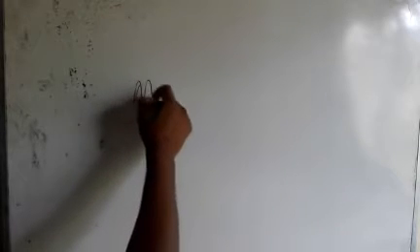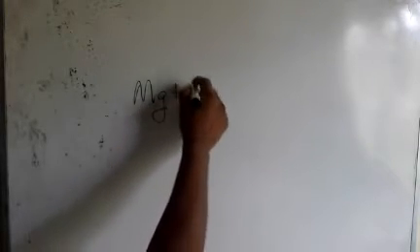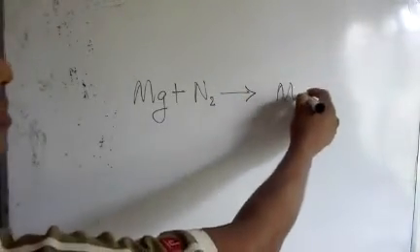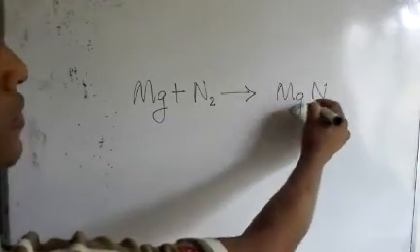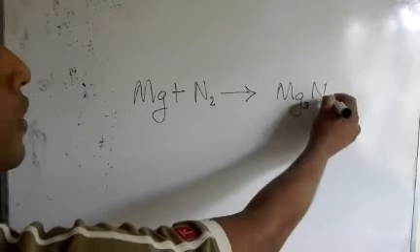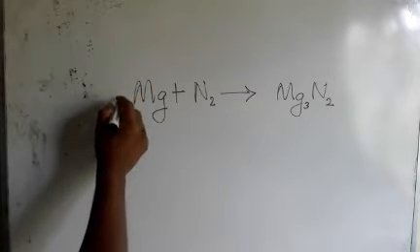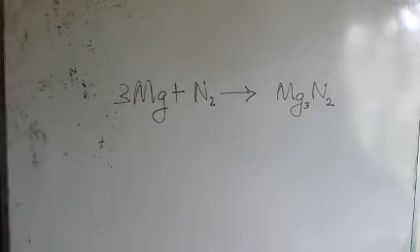While that occurs, another reaction occurs like this. Magnesium reacts with nitrogen and magnesium nitride is formed, right? So to balance we can put a 3 here. So this is the balanced equation.